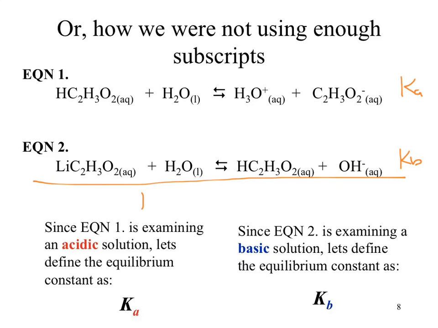We end up with H2O goes to H3O plus and OH minus, or the Kw. What's the relationship between the Kw and the Ka and the Kb? Ka times Kb equals 10 to the negative 14. Kw is 10 to the negative 14.